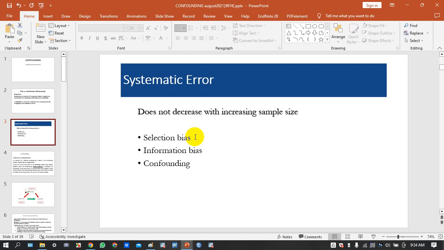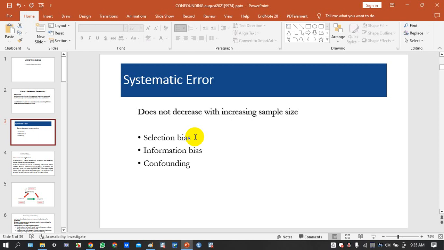The more you increase the sample size, the more you increase the confounding effect. So if you are doing an experiment and you realize the results you are getting are so bad and unexpected, so you increase the sample size, the result becomes bad, badder, baddest, and worse. So confounding does not decrease with increasing sample size.